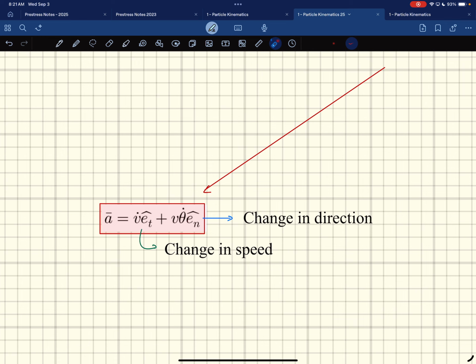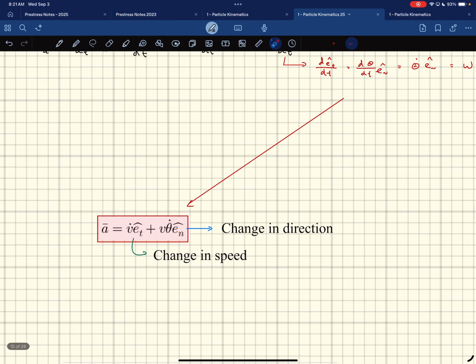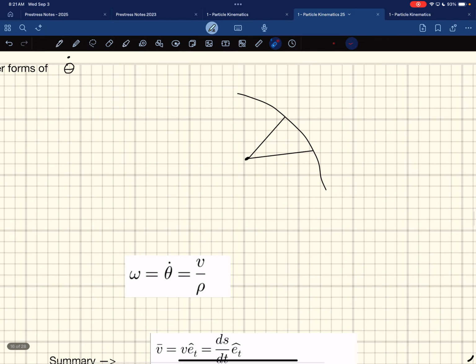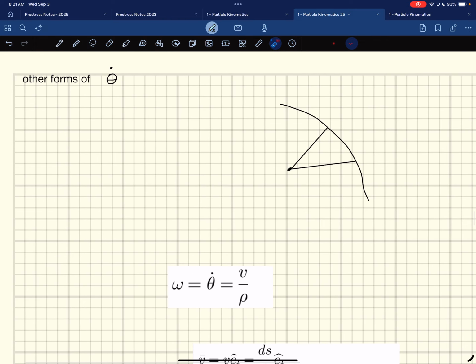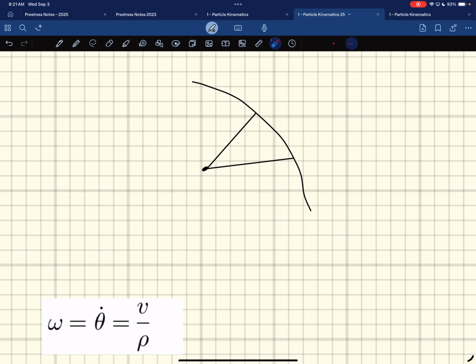Okay. Again, in this form, you may not recognize these terms, so we're going to talk about some different forms of this theta dot. There's a couple different ways to write it. Other forms of theta dot. If we're talking about how something changes its position, we'll call that change of position ds.